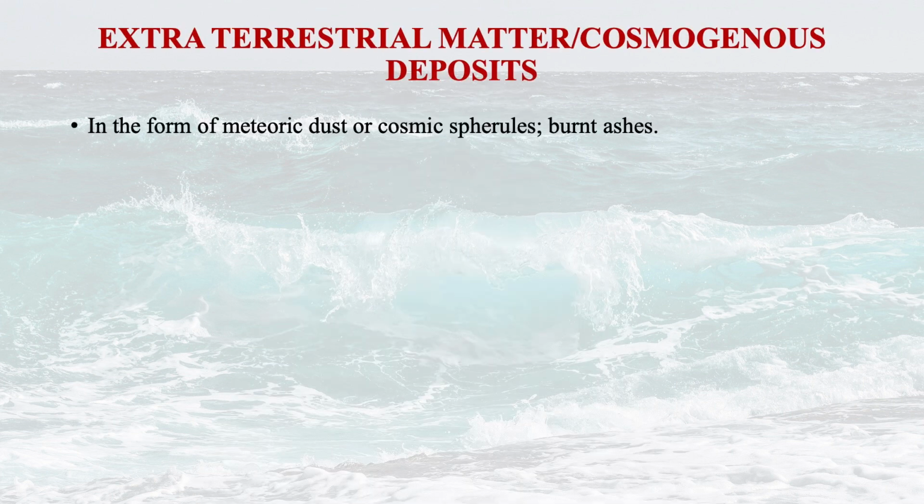Now we are left with another important type of ocean deposit, that is the extraterrestrial matter, which is also called cosmogenous deposits because they are in the form of meteoric dust or cosmic spherules. You must have studied in the block on atmosphere that when extraterrestrial matter enters our atmosphere, due to friction of air molecules, it burns, and it also occurs in the form of burnt ashes.